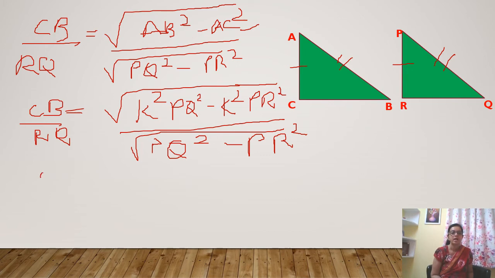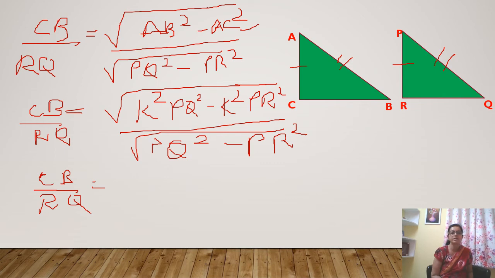So again, I told you that we are going to prove that CB upon RQ is also K. This is our ultimate aim. If we prove that CB upon RQ is K, then all the three sides will become proportionate, and by SSS similarity, these two triangles will become similar. So this is our purpose, and it is getting fulfilled slowly, step by step.